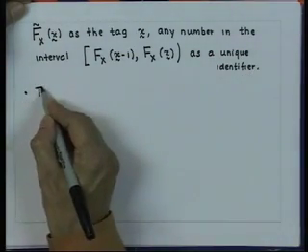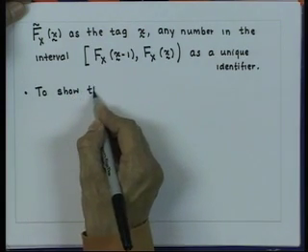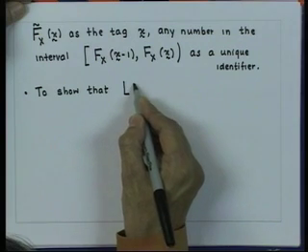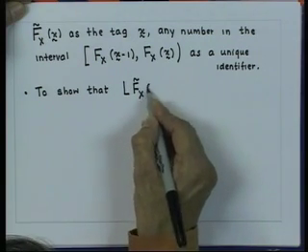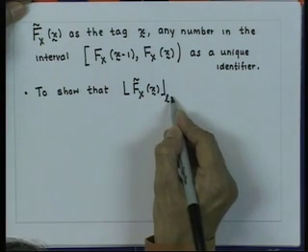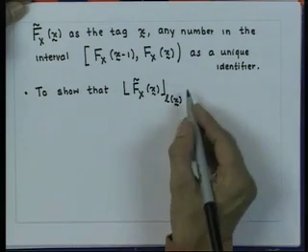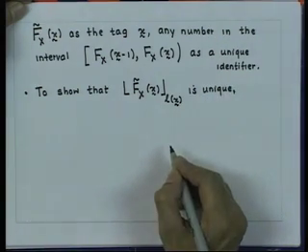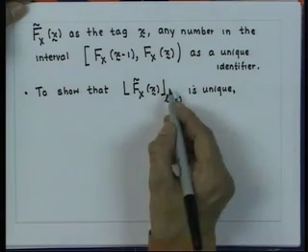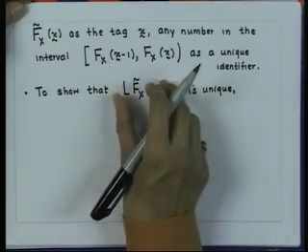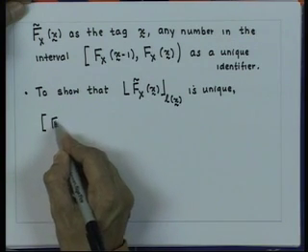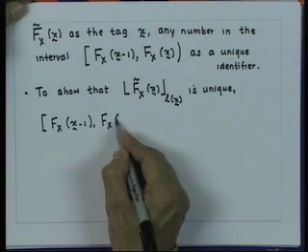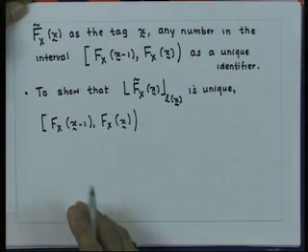Now, to show that when we truncate this tag to the length L of x, which is indicated by this, the code is unique, we need to only show that it is contained in the interval given by this.